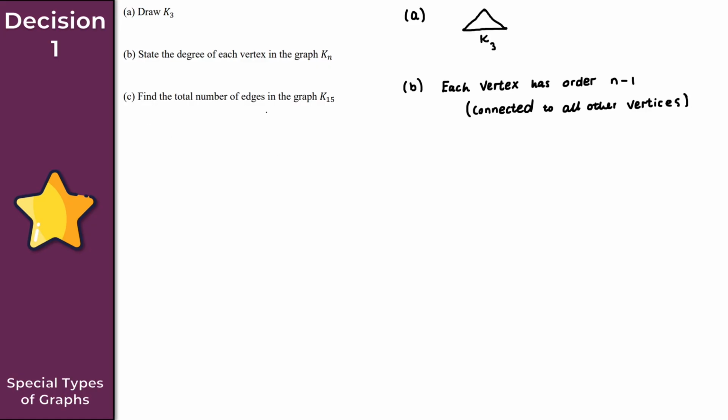And then finally for part C here, what do we want to do then? It just says find the total number of edges in the graph K15. So obviously we can now use this answer to part B here to help us with part C. So each vertex then is going to be connected to 14 others, right? Because it's got order n minus 1. So each vertex is connected to 14 others.